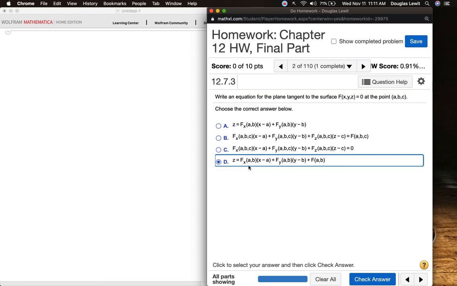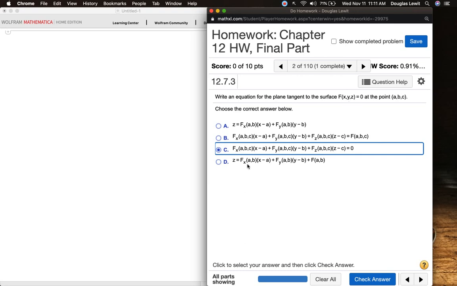Oh, you know what? It can't be D. And the reason it can't be D is because here we're only considering a and b. So a is a specific value of x and b is a specific value of y.